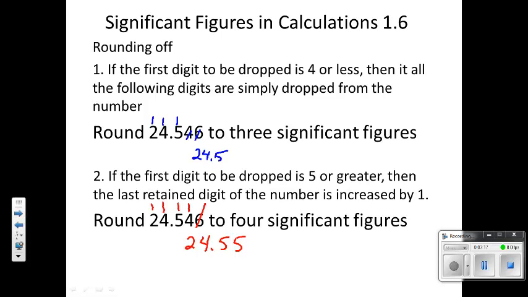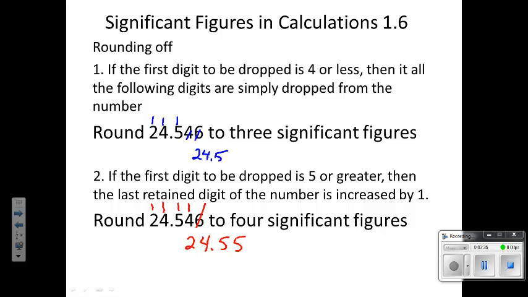Sorry about my disappearing 2 there. Right, so this is the rounding off issue. It's pretty straightforward, but just have to remember that's how it's done. And look nicely how we use significant figures as part of the rounding off process.